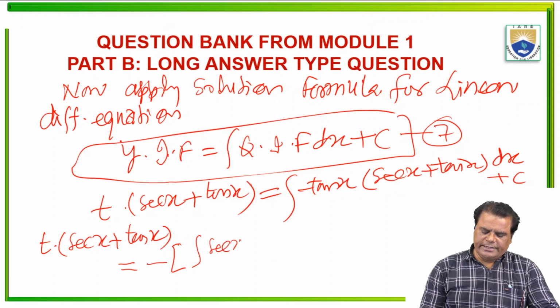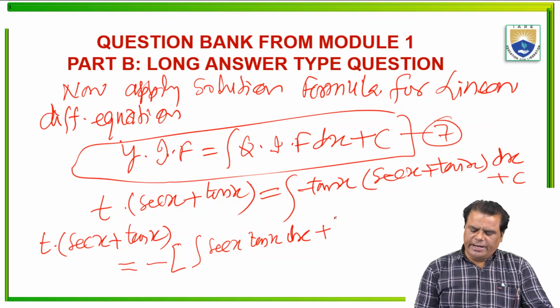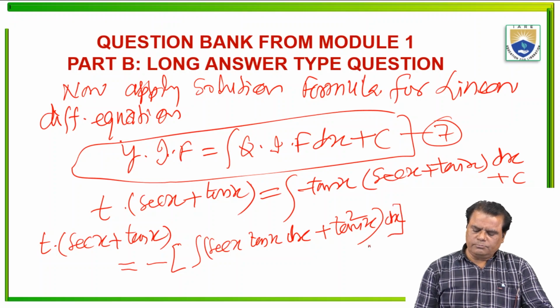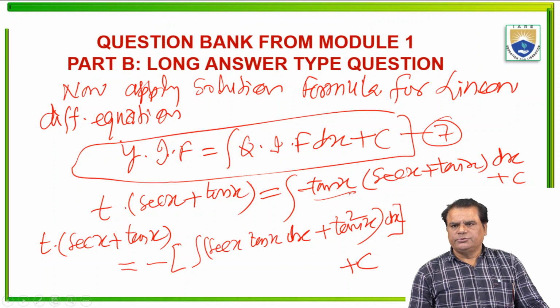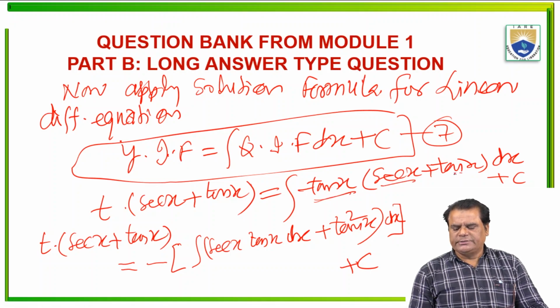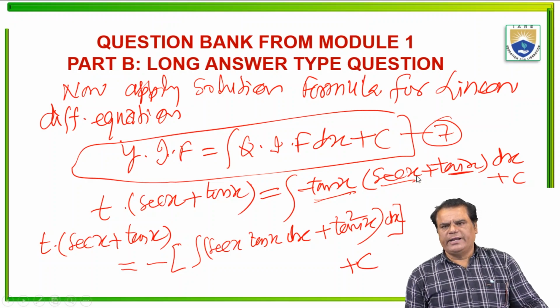So sec x tan x dx and plus tan² x, plus C. Here multiply this tan x to sec x plus tan x. Multiply this tan x to tan x, tan² x.